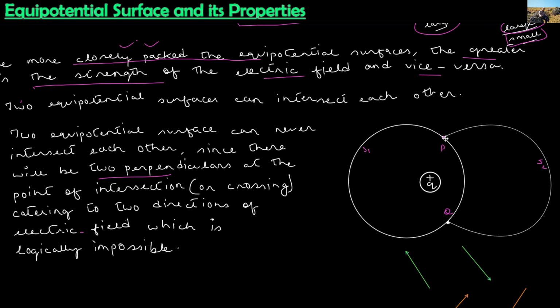So with respect to the surface S1, this will be the direction represented by this orange ray. And the perpendicular with respect to surface S2 at point P will be represented by this vector. So that is the angle. This is the angle which is perpendicular with respect to the surface S1.